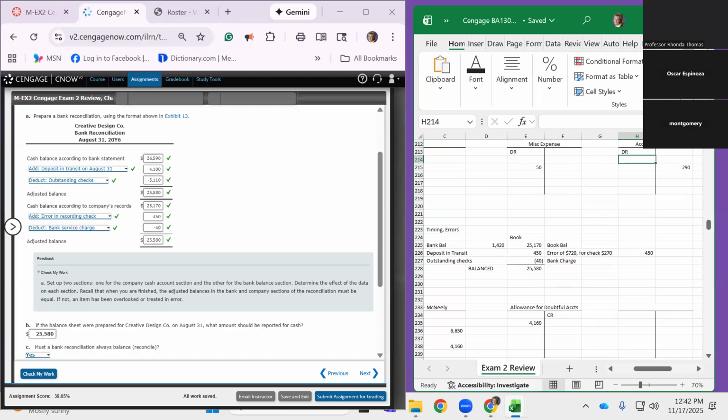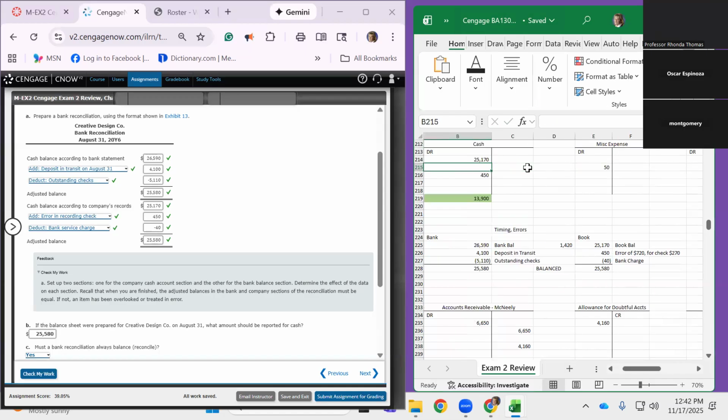Okay, so when we debit our account, we have to credit it, and then the service charge is $40, and we make cash go down. And so if we do the math here, we'll have a new balance exactly what we're supposed to.